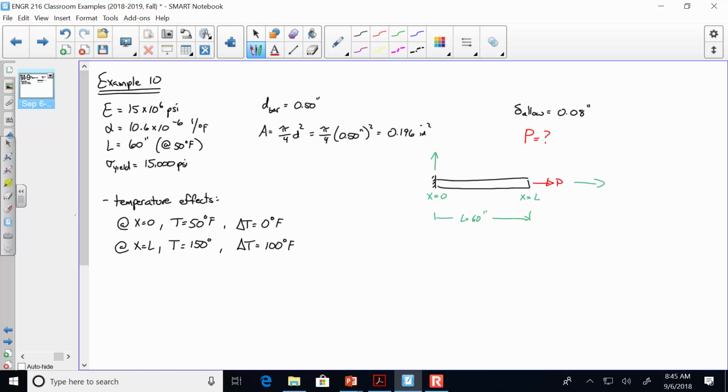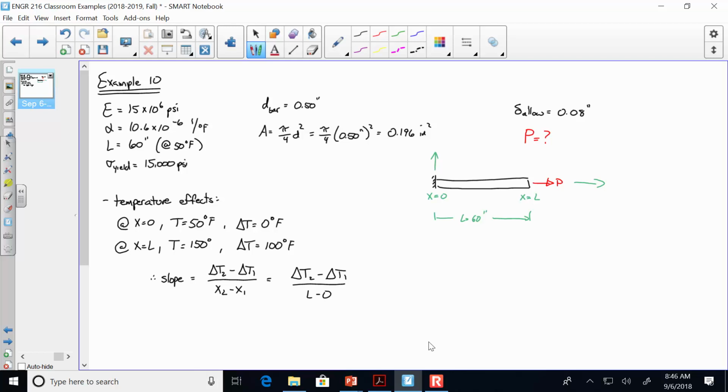The slope is, well, here, let's leave it symbolically. So this is delta T2 minus delta T1 over L minus 0, right?